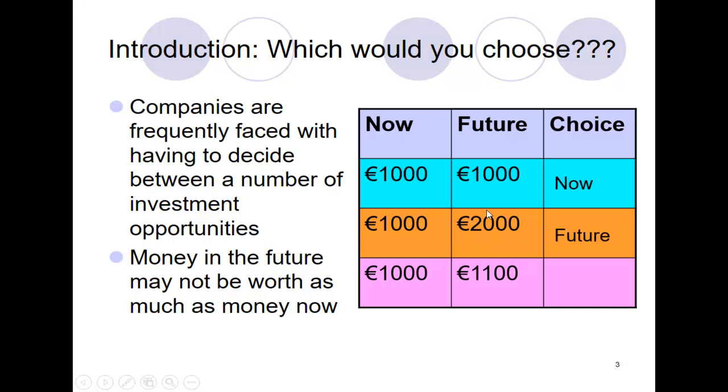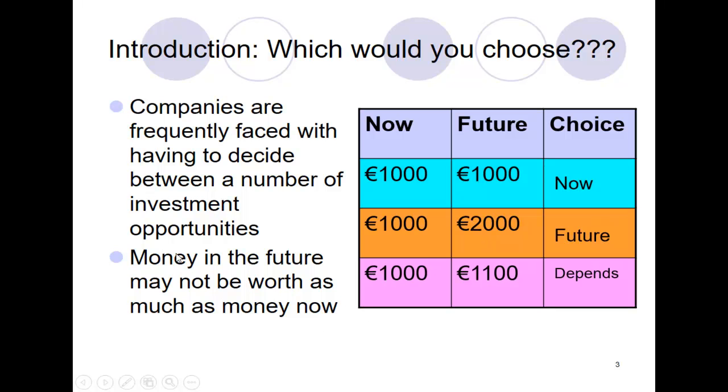So it depends how far in the future. And if you're given €1,000 now or €1,100 in 1 year's time, it's only a small jump there. Actually, the length of time it takes to make that small jump will determine when you want it. So it depends on how big the jump is, and it also depends on how far in the future that will be.